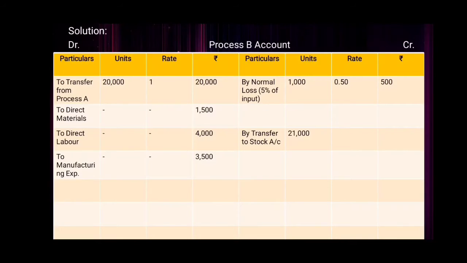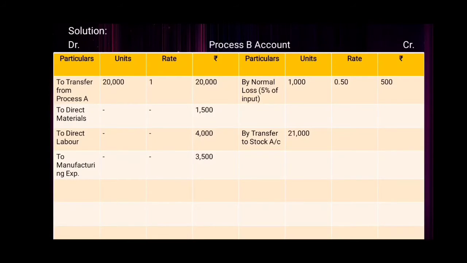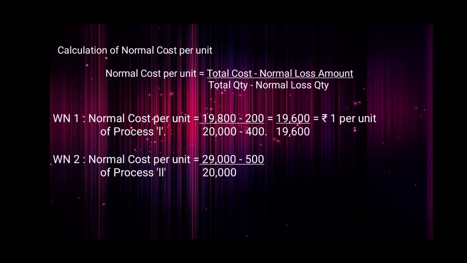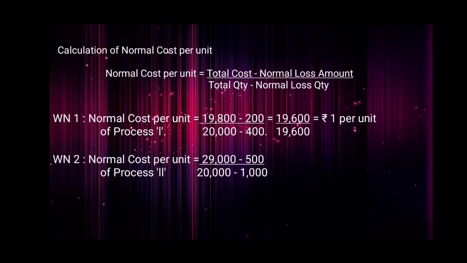The normal loss amount is given as 500, divided by total quantity, 20,000 units, minus normal loss quantity, 1,000 units, which is equal to 28,500 divided by 19,000, which is equal to rupees 1.50 per unit.